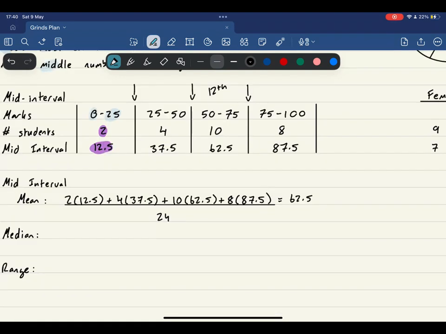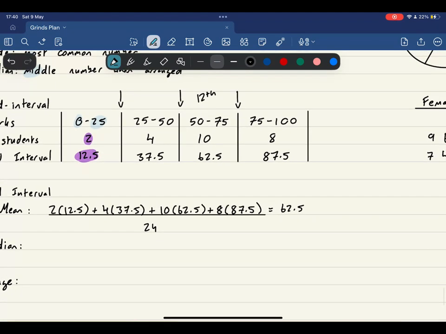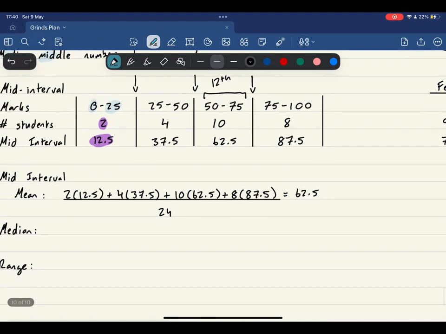So I'd just say it's our mid-interval value, 62.5. As long as you put a value within 50 to 75, they'll give it to you. And since it's the 12th student and there's 16 total students up until that point, as long as it's above our mid-interval, you're fine.